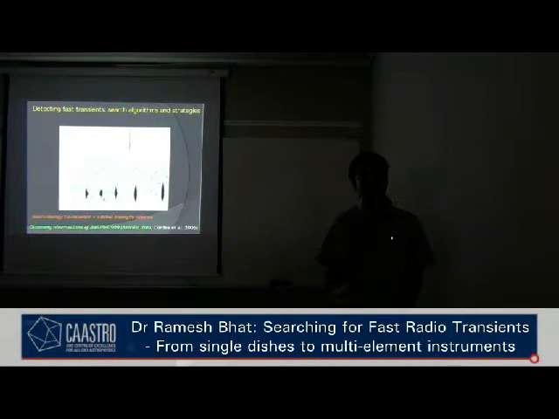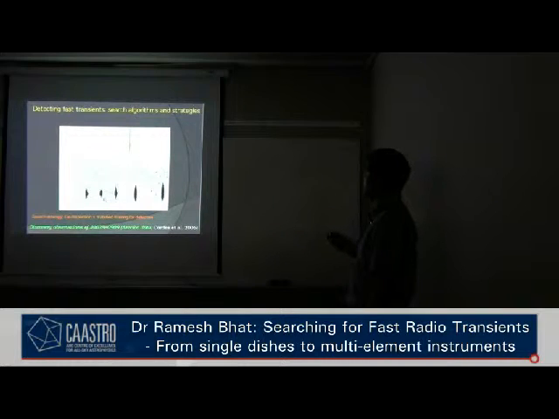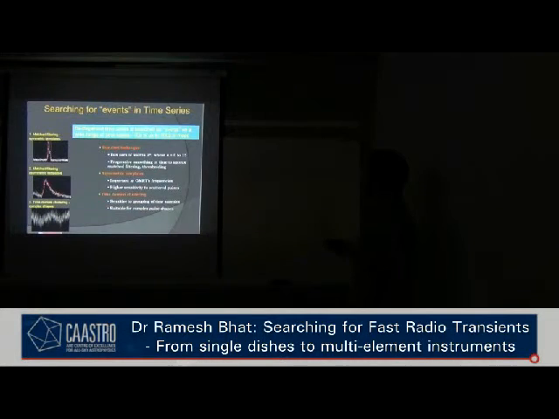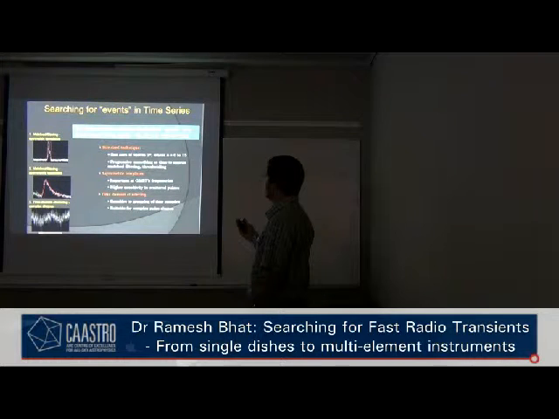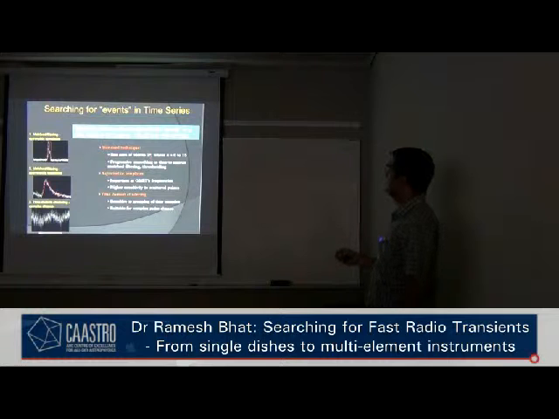And that is pretty much all you can do when it comes to searching with single dishes, because it doesn't give you a lot of leverage. This is one of the cleanest data sets; not all the time is that the case. And so just to sum it up, there are a few different techniques that are commonly used, apart from the matched filter, which is quite useful in the sense that it gives you an increase in sensitivity.